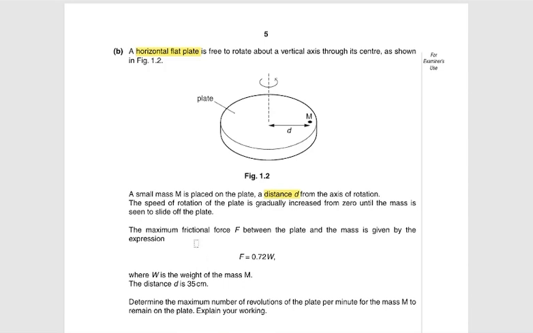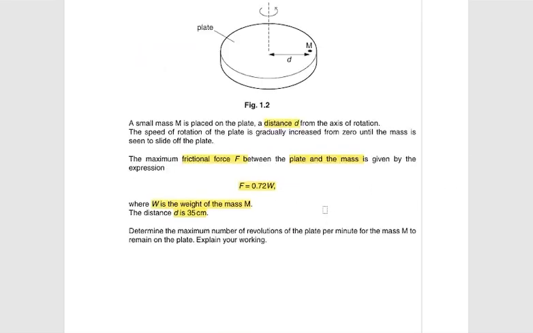The maximum frictional force F between the plate and the mass is given by the expression F equals 0.72 W, where W is the weight of the mass m. The distance d is 35 centimeters. Determine the maximum number of revolutions of the plate per minute for the mass m to remain on the plate. Explain your working.